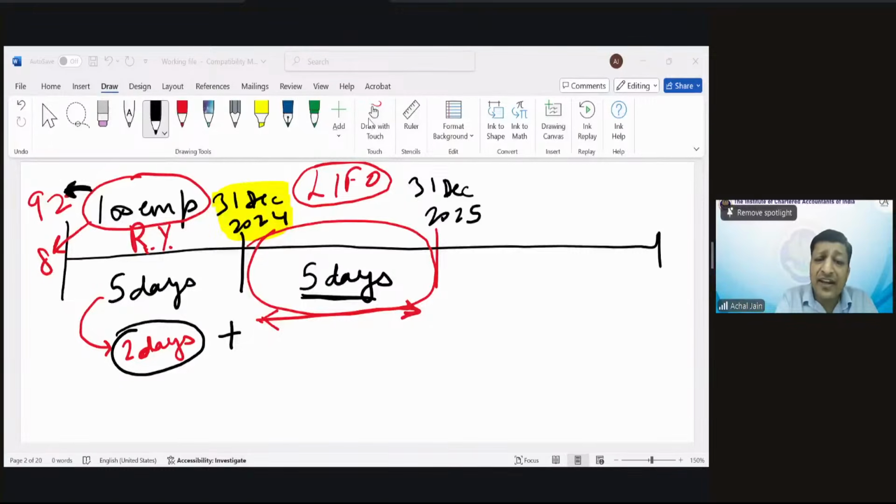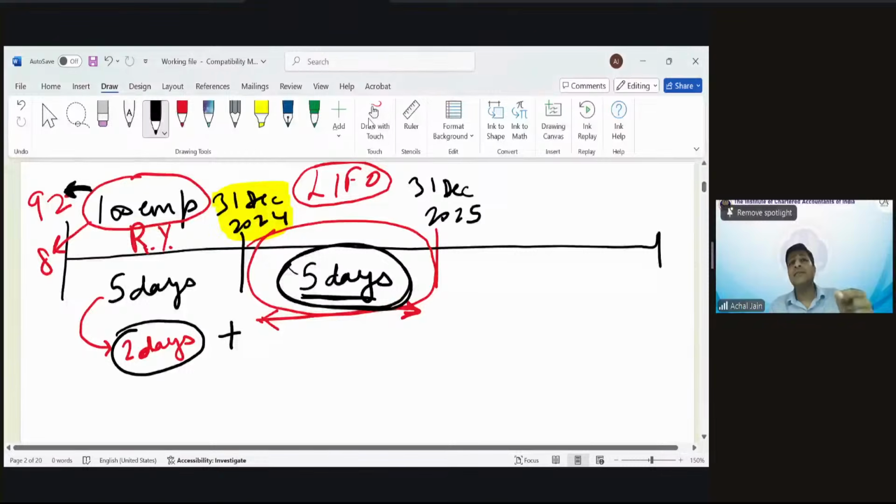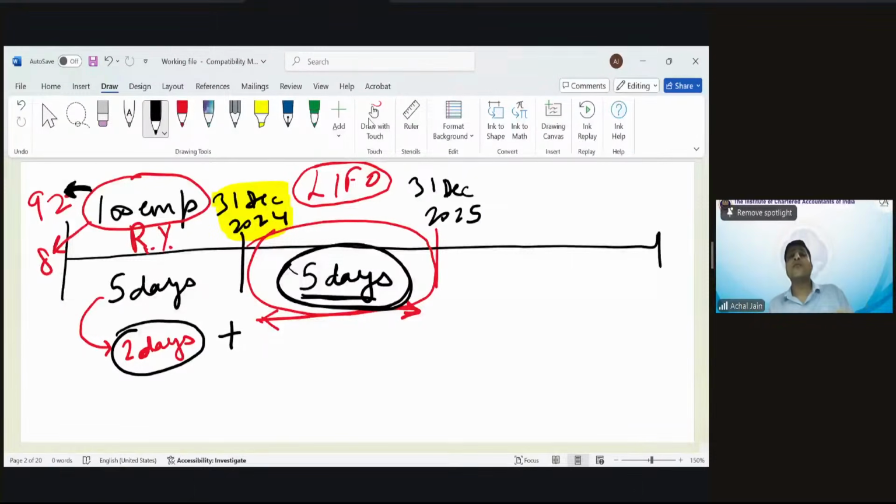So when they avail 5 days, that will be used first of all from their quota of next year. Yes or no? That will be used from their quota of next year. Correct? So that means these 2 days of leaves which they will carry forward will lapse next year.